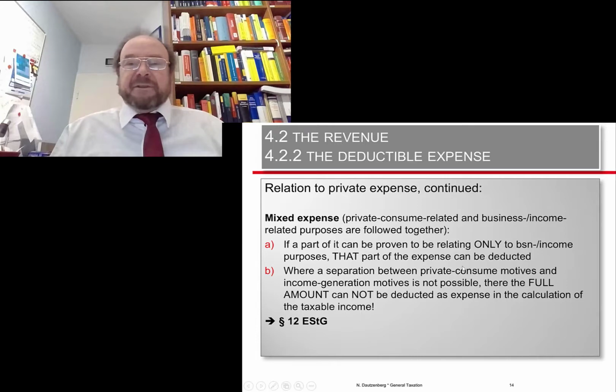So reasonable people would never bring forward the idea how the travel was motivated mainly or to a major part by private motives. Good. You can find that rule that mixed expense is not deductible and cost of private consume can never be deducted from the tax base in section 12. This is again a general rule, so a basic rule.